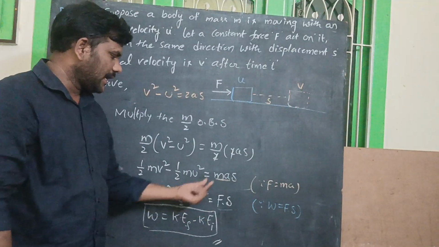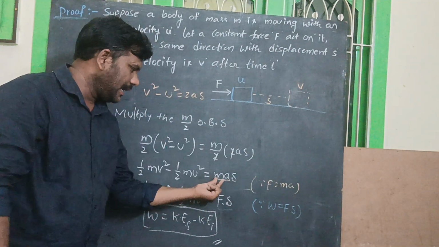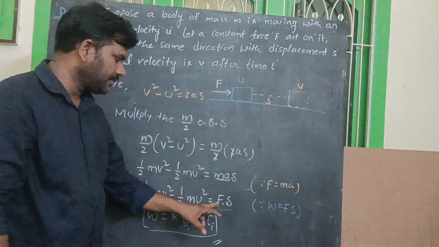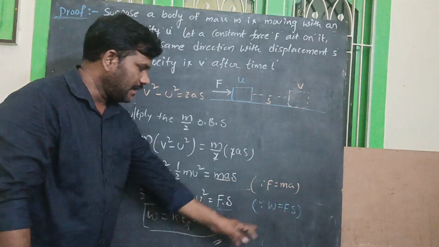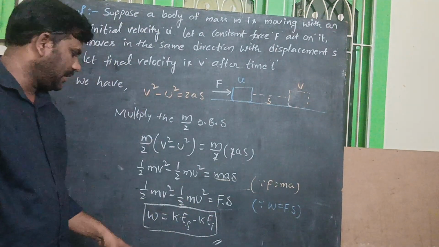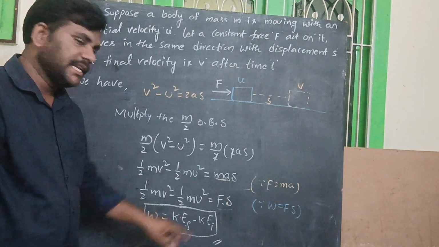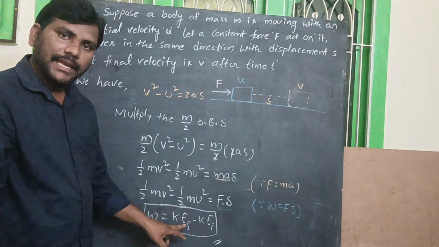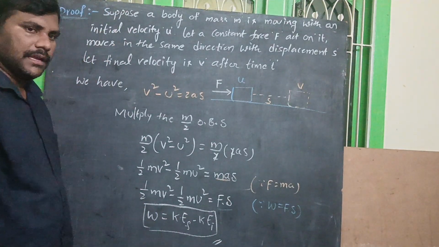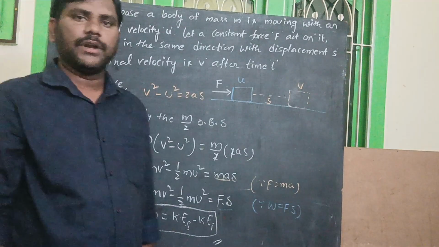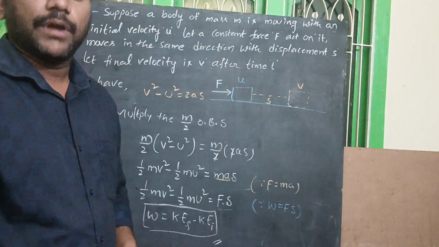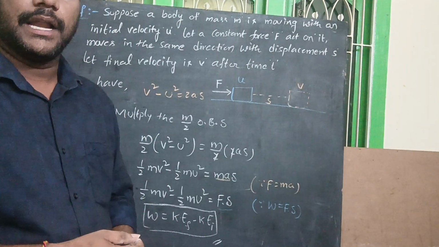According to Newton's second law, F is equal to ma, replacing it gives half m v square minus half m u square equal to F into s. Then according to work, W is equal to F into s. Then we can replace: work done is equal to change in kinetic energy, KEf minus KEi, kinetic energy final minus kinetic energy initial. So that is the work energy theorem proof. What is the work energy theorem? Change in kinetic energy is equal to work done, or work done is equal to change in kinetic energy.